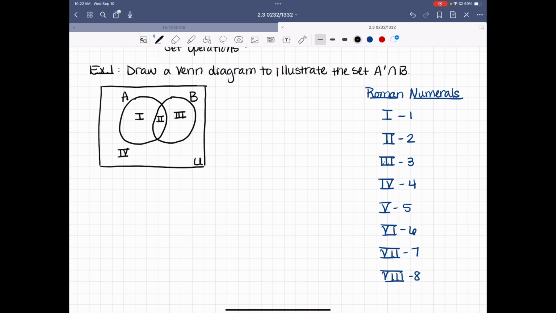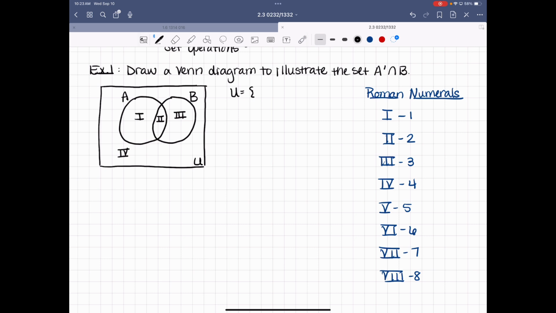Now, we want to illustrate the set A complement intersection B. So I have you start off writing what's in there, and eventually by the time we get to the end of the examples, you can just look at the picture and tell me. So right now, tell me who's in the universal set. 4.